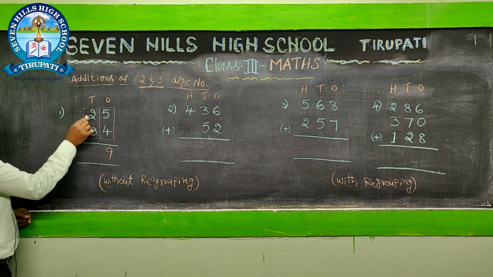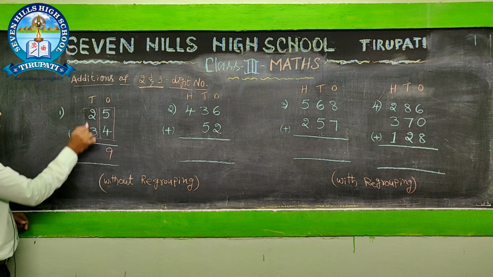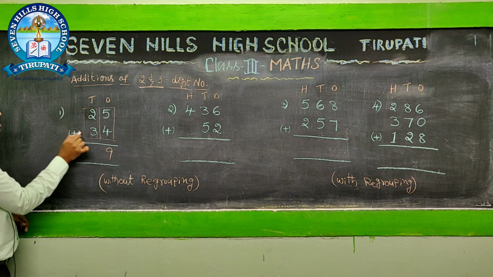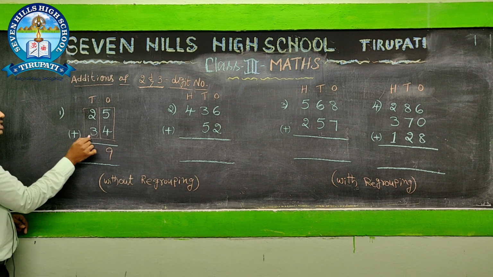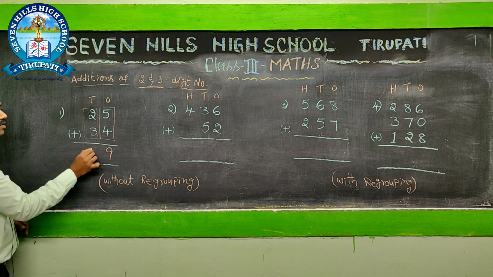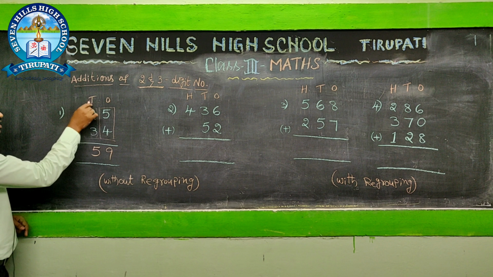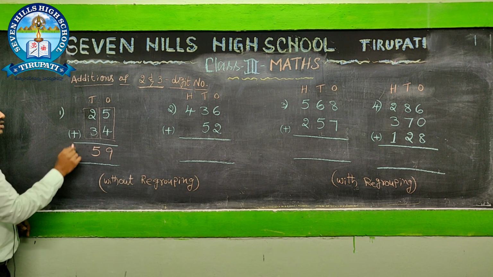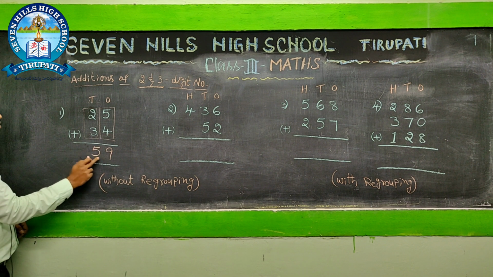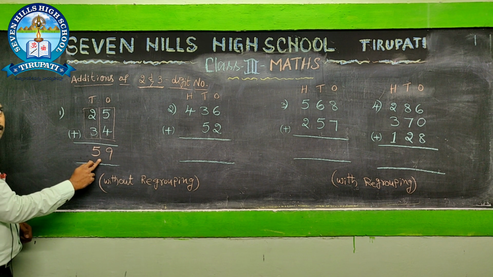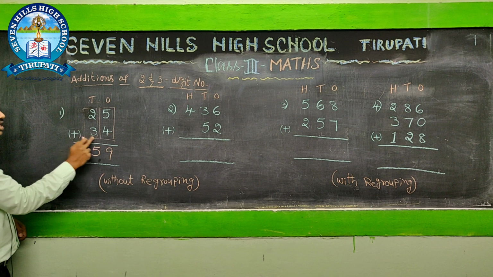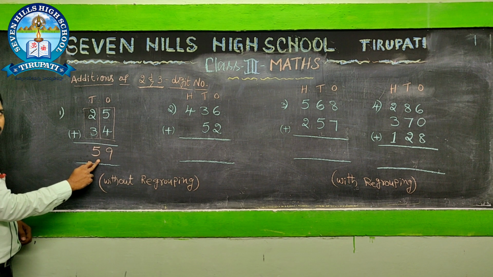Now 2 tens plus 3 tens. 2 plus 3, how much? 5. So 2 tens plus 3 tens becomes 5 tens. So 25 plus 34 is equal to 59.